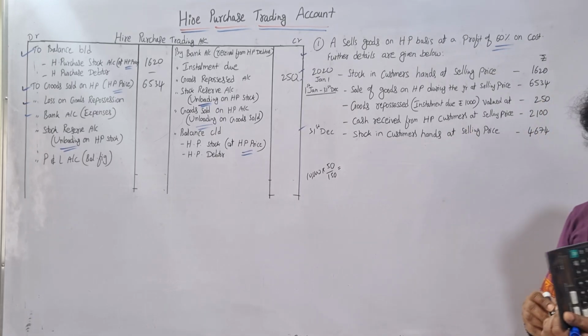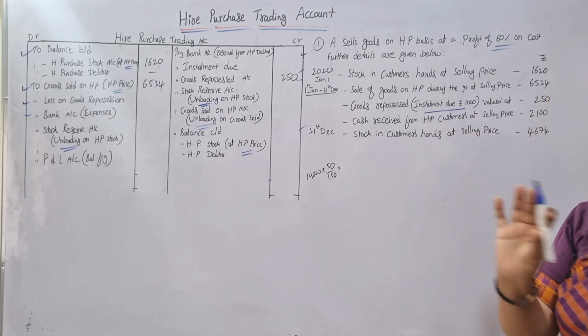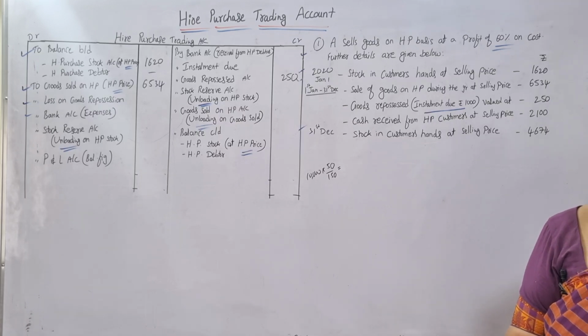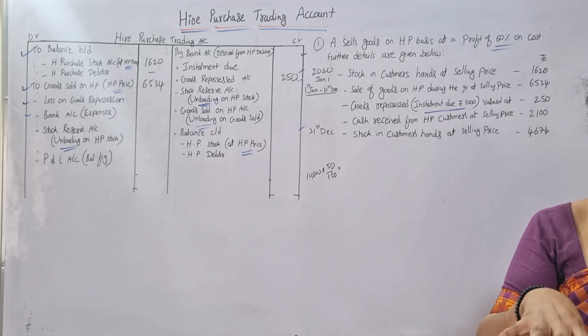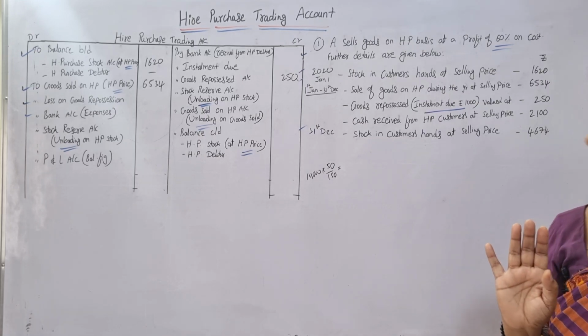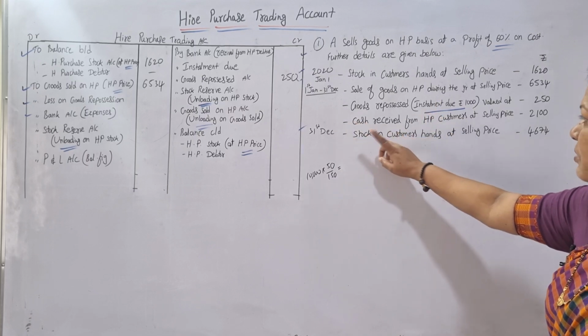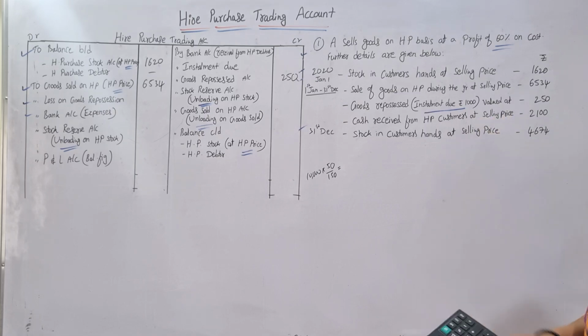Installment due is given here. Installment due. This is only for one transaction. Entire installment due we have to find out. Entire installment due, how much is there for the entire transactions. For that you need to do some working notes. We'll do that later. Just keep in mind. First we'll post whatever is given. Next, cash received from hire purchase customers at selling price.